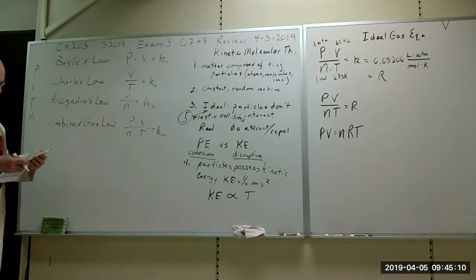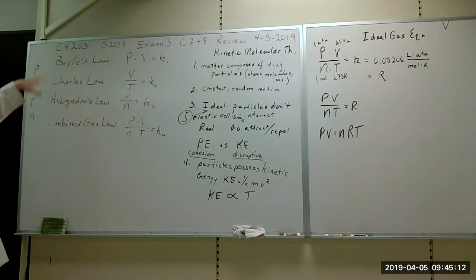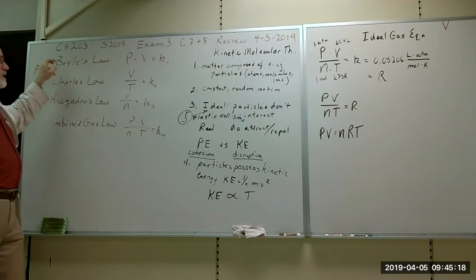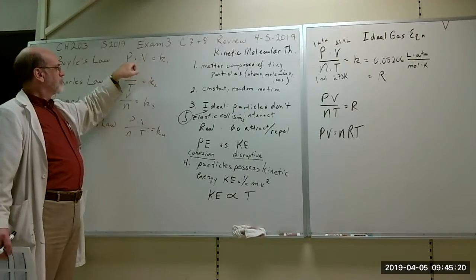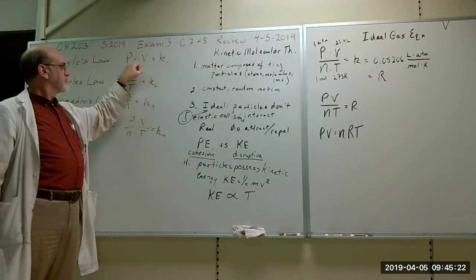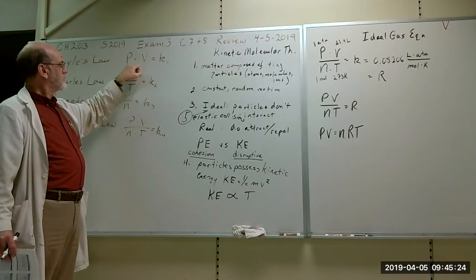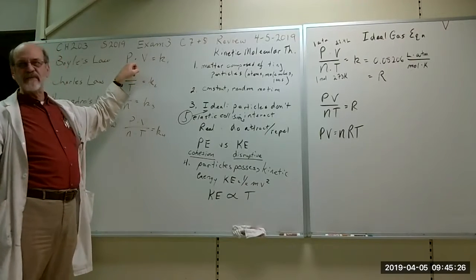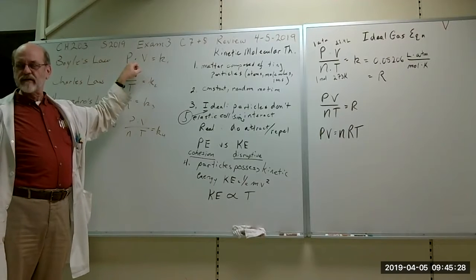So let's look at these laws in terms of the kinetic molecular theory. With Boyle's Law, when the pressure increases, what does that actually mean? How does it affect the volume?